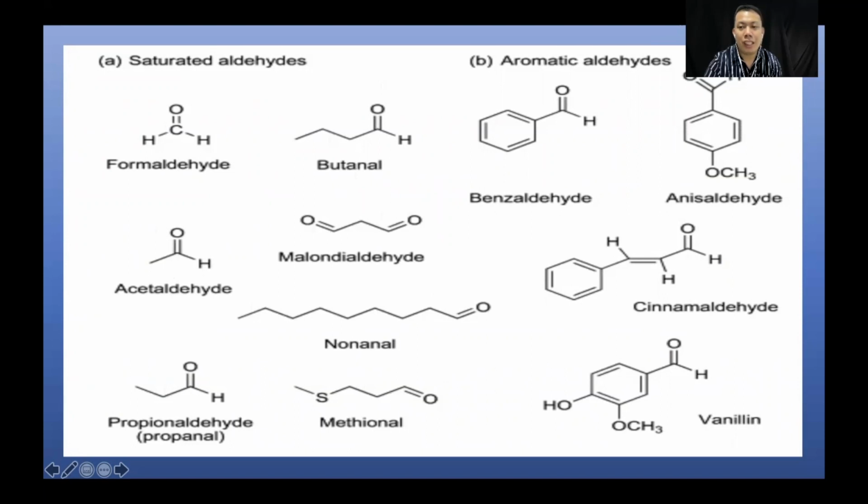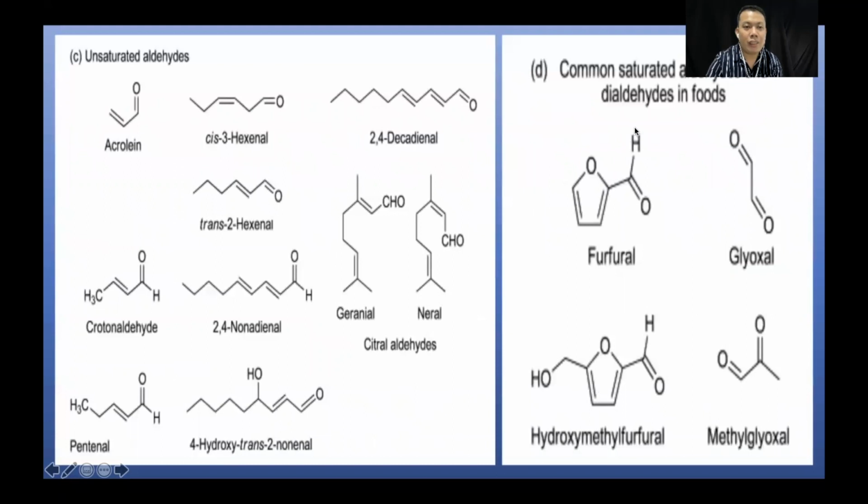On the other side are aromatic aldehydes, composed of benzene. You have benzaldehyde, anisaldehyde, cinnamaldehyde, the one found in cinnamon, and then vanillin, the one found in vanilla. Another one is unsaturated aldehydes.